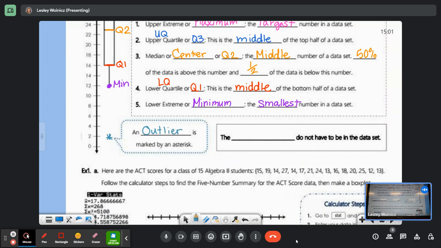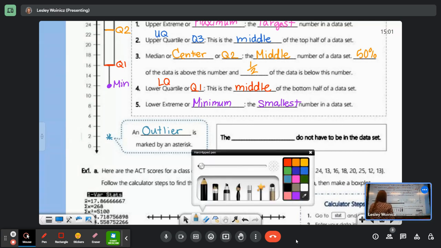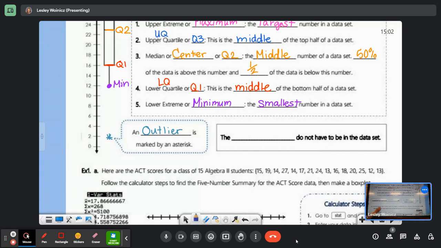An outlier is a data point that falls significantly outside of the rest of the data. There's actually a rule. It has to do with like 1.5 times the interquartile range and being that distance away from the median. But you do that in college, not in here, so don't worry about it. In here, we're just going to eyeball it.